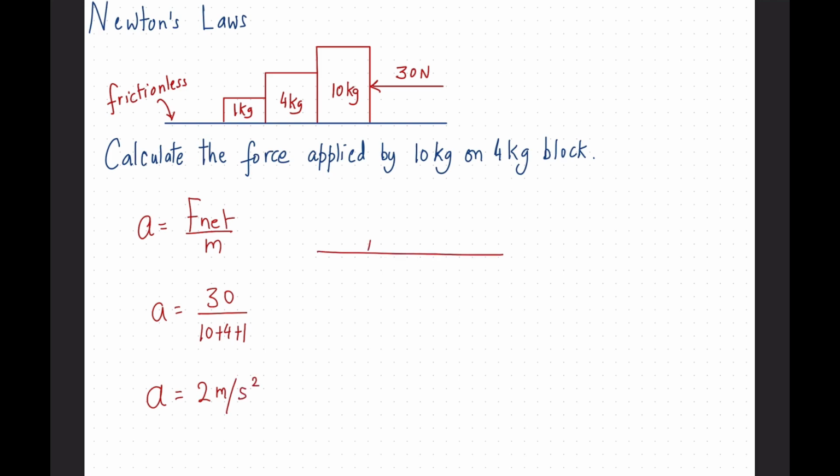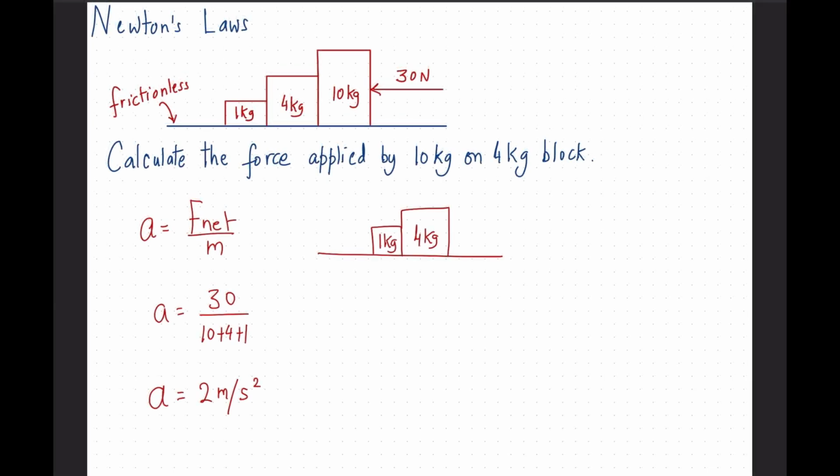Now for the 1 kg, let's just draw the 1 kg and 4 kg masses separately. There's no friction on the surface, so the only force which will act is the force of the 10 kg on the 4 kg block, and that's responsible for any motion or any acceleration which these two blocks will have. So we can write F net for both the blocks together. So now we are going to take the 1 kg and 4 kg as a system, and we are going to write Newton's second law, that is F net equal ma for the 1 kg and 4 kg together.